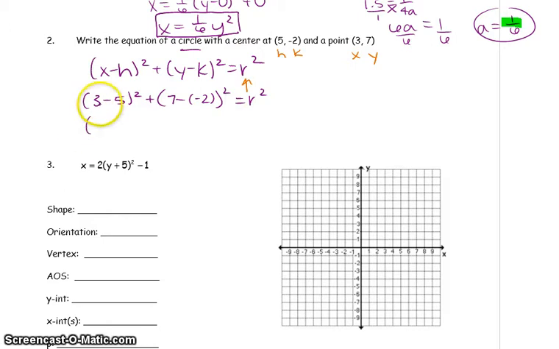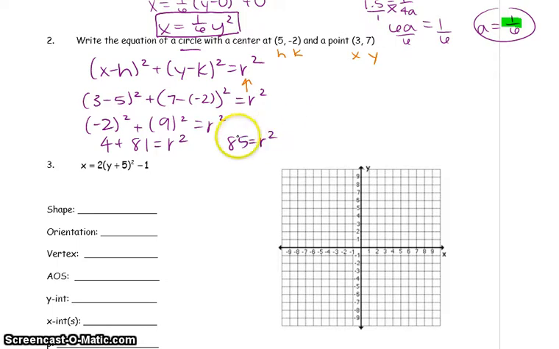We simplify this, and we have 3 minus 5, that is a -2, squared, plus 7 minus negative 2, that's 9 squared, equaling r squared. So we'll get 4 plus 81 equals r squared. So when we simplify that, we'll get 85 equals r squared.